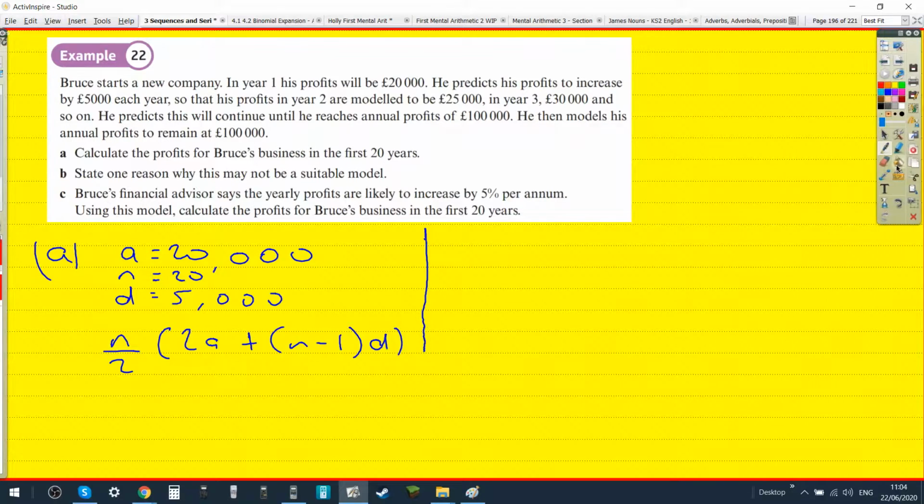So year 3 is 30,000. I'm guessing it will be year 10? Might be. So it'll be basically that formula is less than or equal to 100,000, and we have to find n. You could try different values for n.